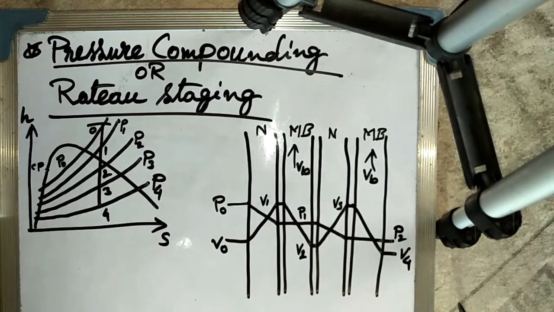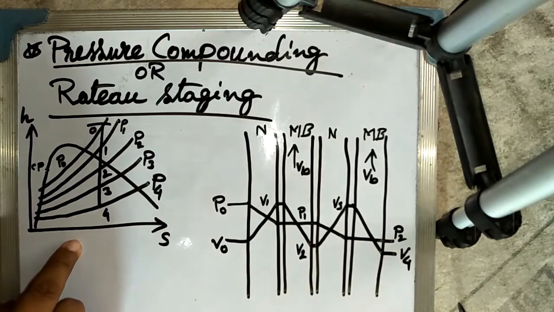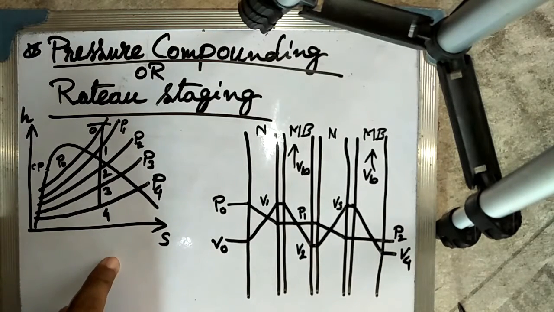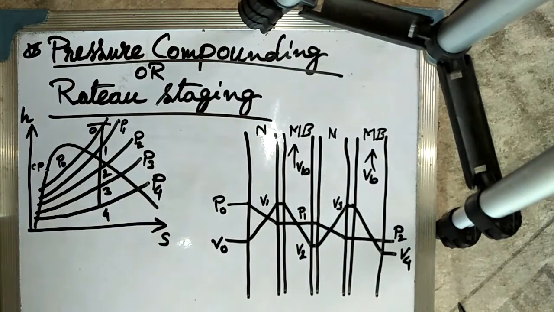Pressure compounding or Rateau staging corresponds to putting a number of simple impulse stages in series. The total enthalpy drop is divided equally among the stages, which is shown in this enthalpy versus entropy figure, and the pressure drops only in the nozzles.